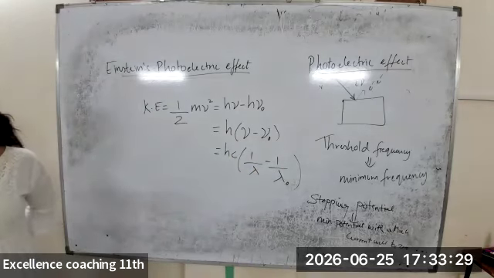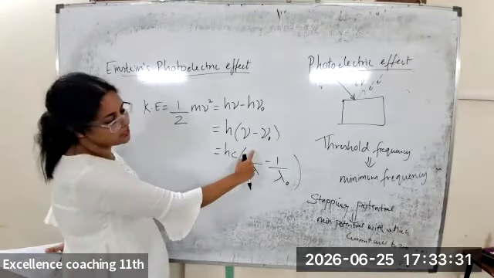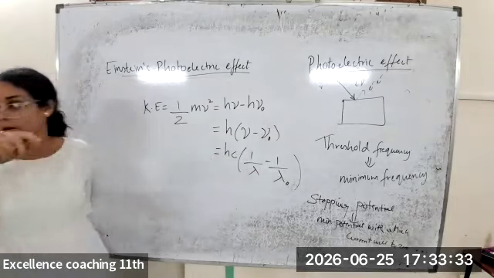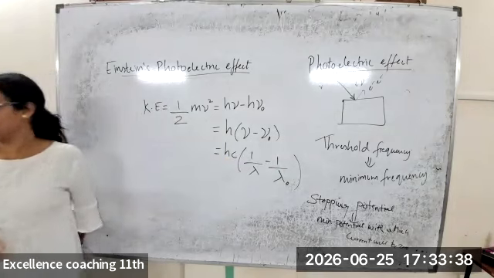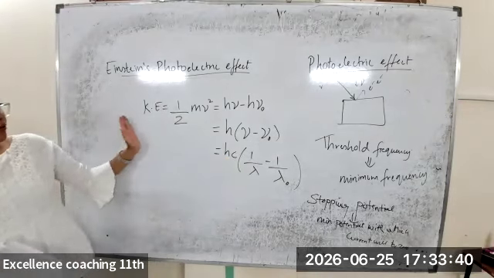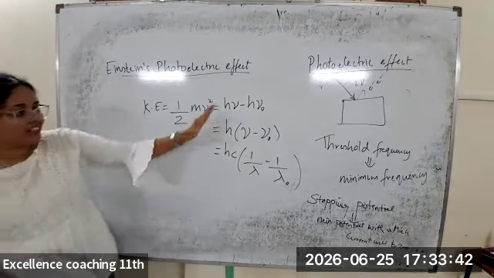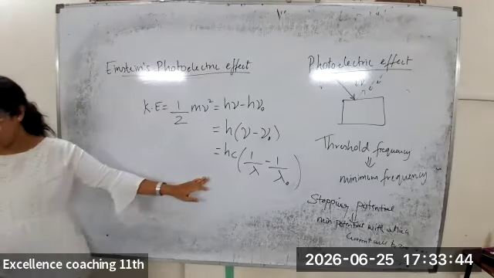Basically, it will be c upon lambda minus c upon lambda naught. Since c is common, I have taken it out. Okay, so you have one formula written in three forms.